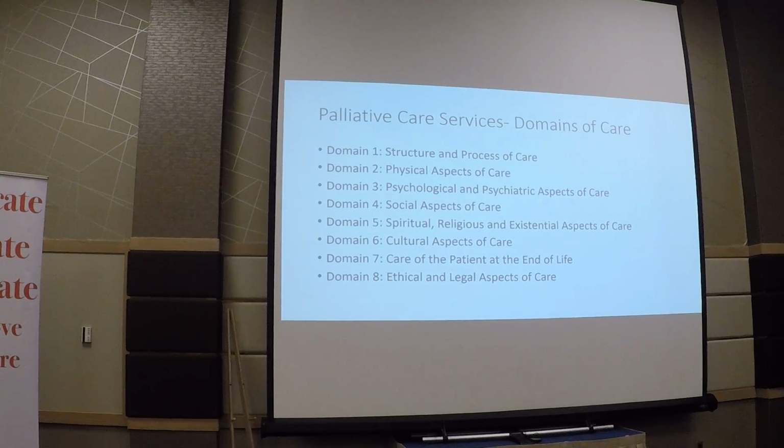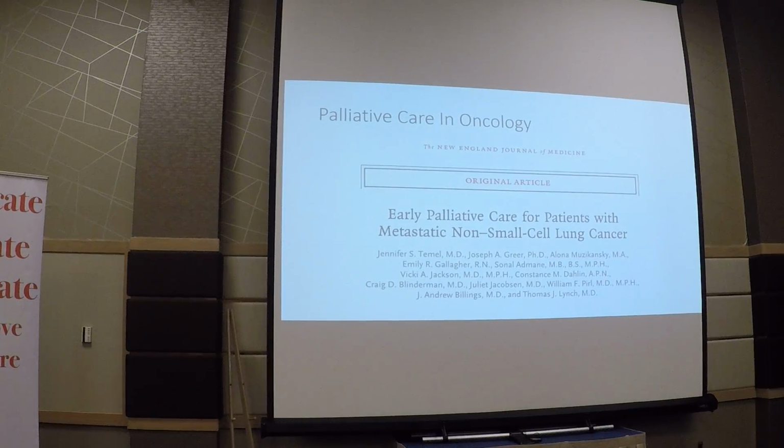I would say more than 50% of the time in my work on the inpatient palliative care service is spent trying to determine who should make the decisions and helping the families understand and agree that that is the right way to proceed. It's all under that ethical and legal aspects of care. So those are some simple, basic concepts from palliative care that hopefully make a little bit more sense to you all.